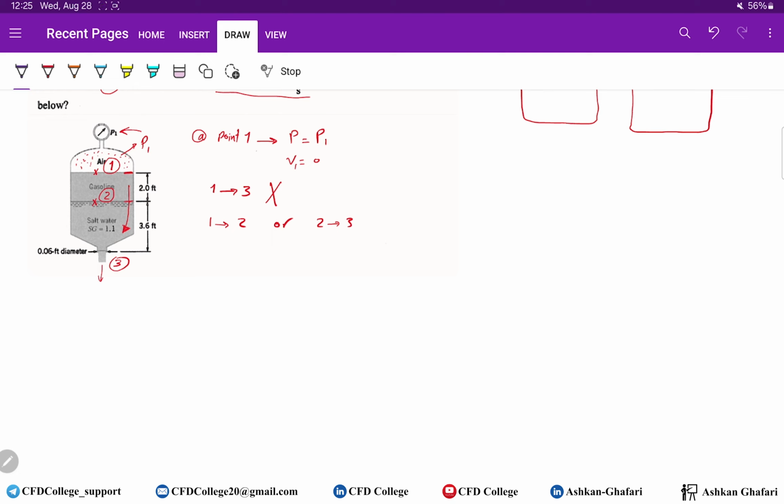They don't change. So we can simply start from this point and move towards this point and write the hydrostatic pressure equation. So I start from point 1, P1, then I move downward, so I should add the pressure plus gamma of gasoline, gamma naught, times 2 feet. Then I reach point 2 and I can put pressure at point 2, P2.